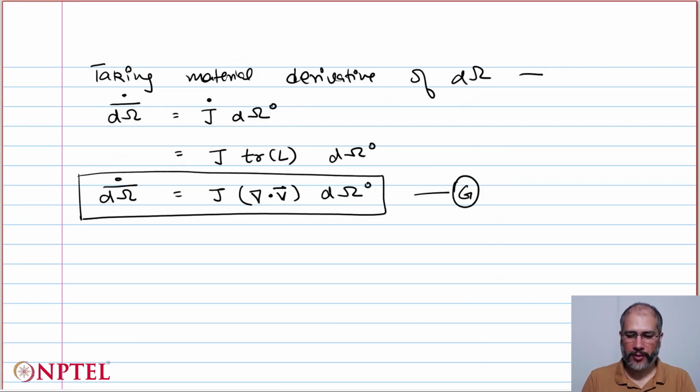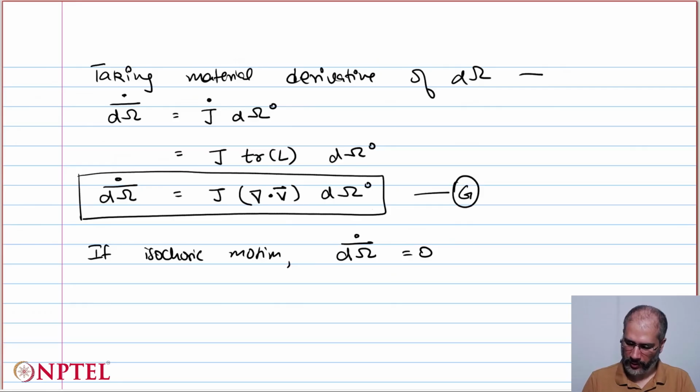Now, as a special case, if my motion is isochoric, then that basically means that the volume is not changing for any element. So if the volume is not changing, then my d omega dot, that's the time derivative of d omega, has to be 0. And from equation G above, if the right hand side is 0, I can write that as J times divergence of V times d omega naught is 0. But J cannot be 0. We just showed that. And d omega naught also cannot be 0.